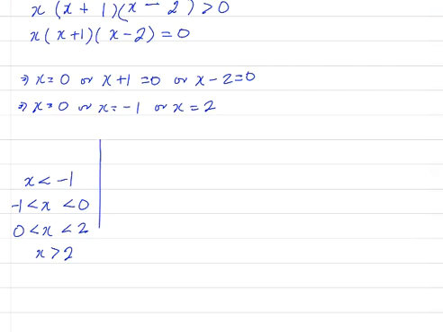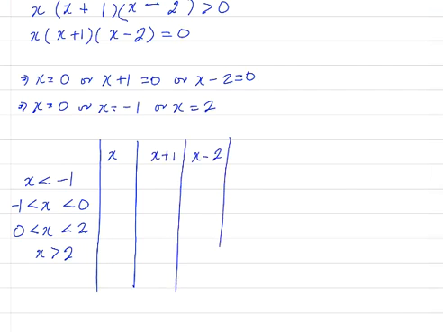Those are my ranges of values of x. The columns are x, x plus 1, x minus 2, and the product x times (x plus 1) times (x minus 2).